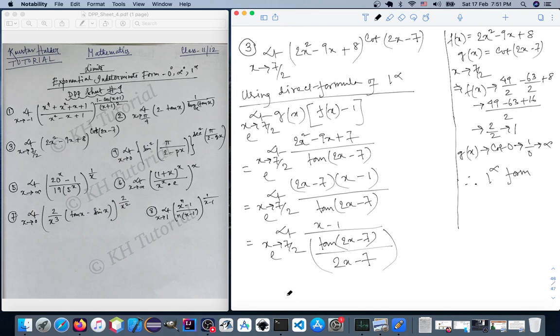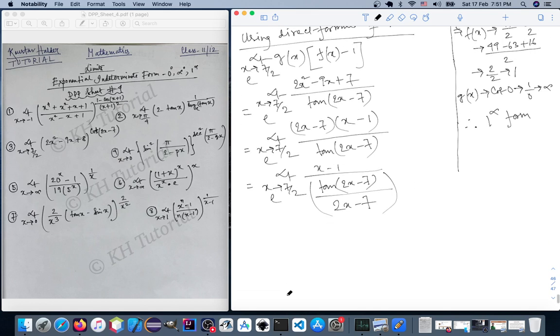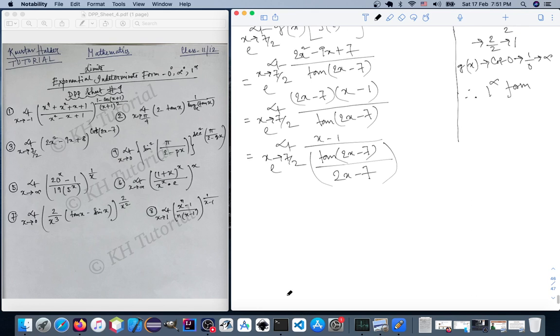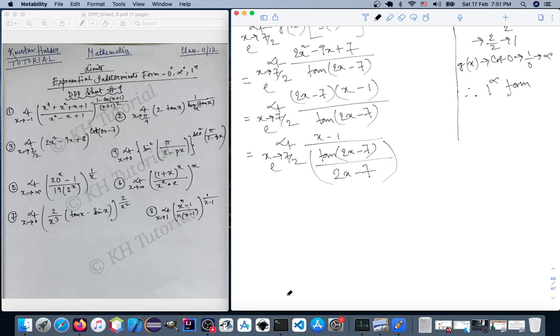Applying the standard result, limiting value of tan x by x when x tends to 0: over here instead of x we have 2x minus 7, and when x is tending to 7 by 2, 2x minus 7 is tending to 0. So we can apply that standard formula. So this becomes e to the power 7 by 2 minus 1 by 1. This is e to the power 5 by 2, which is the answer.